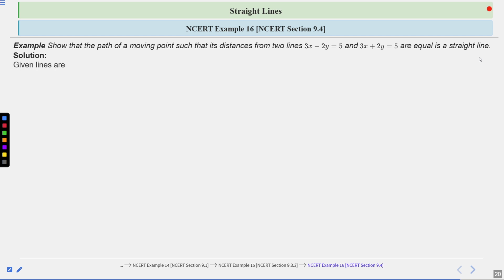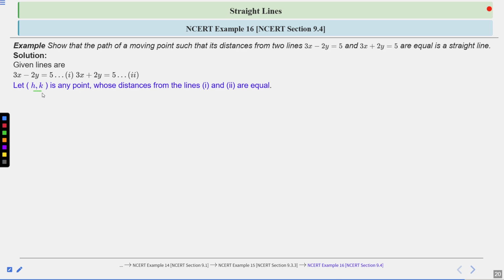So the given lines are 3x minus 2y equal to 5, naming this equation number 1, and 3x plus 2y equal to 5, naming this equation number 2. Let h comma k be any point whose distances from the lines 1 and 2 are equal.